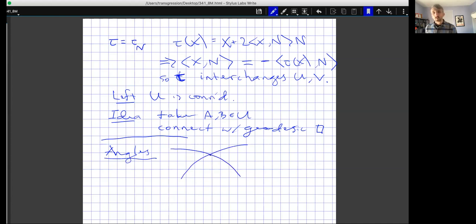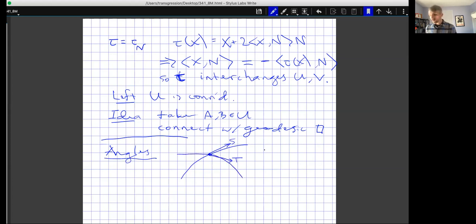And they intersect somewhere. And these will then have tangent vectors. So we're going to have a tangent vector here, call it S, and we're going to have a tangent vector over here, call it T.